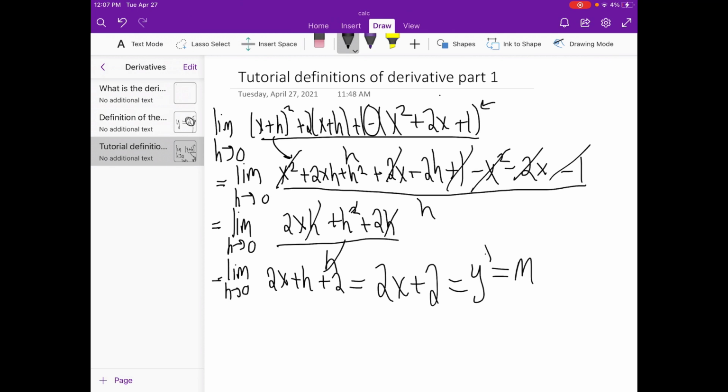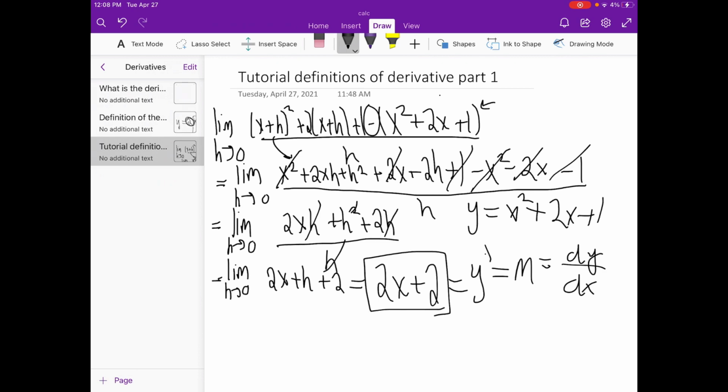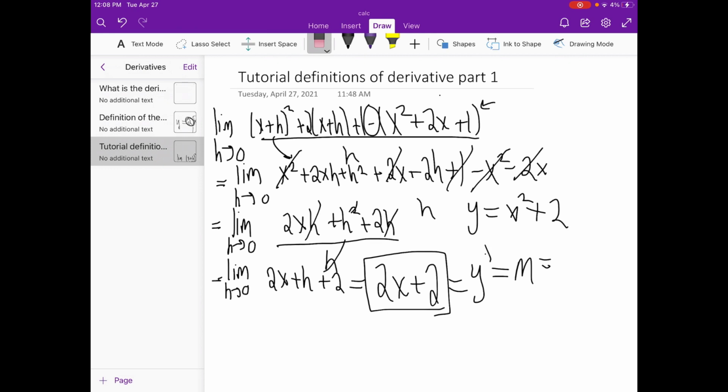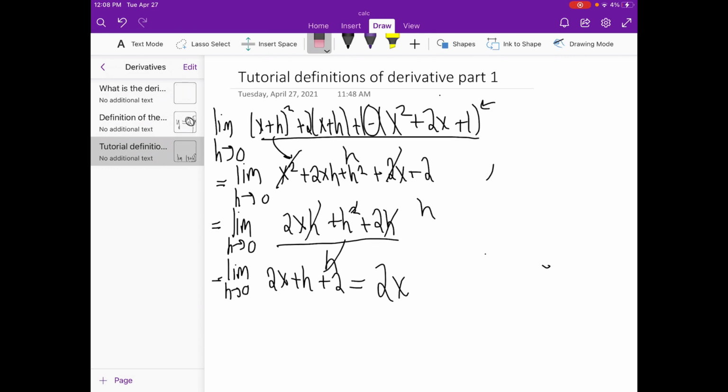This is our y prime, our function that gives the slope of the tangent line at different points on our original function, y is equal to x squared plus 2x plus 1. So also it's our dy by dx. So, ta-da, we have our derivative.